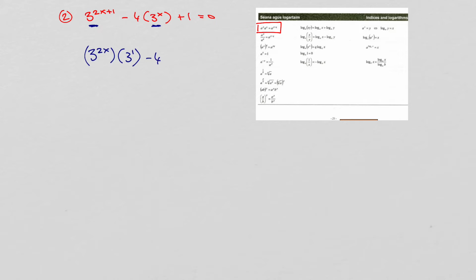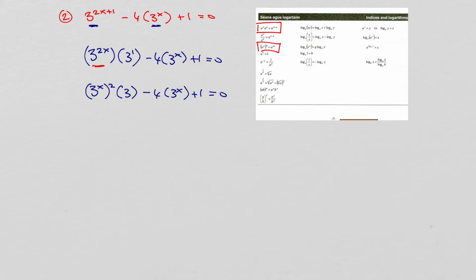And then I have minus 4 times 3 to the x plus 1 equals 0. So again, I'm just going to take this first one because I want to write it as 3 to the x. So of course that can be written as 3 to the power of x squared times 3 minus 4 times 3 to the x plus 1 equals 0. Because again, if I look at this third rule down here, if I have a to the pq, then that can be written as a to the p, brackets, to the power of q.